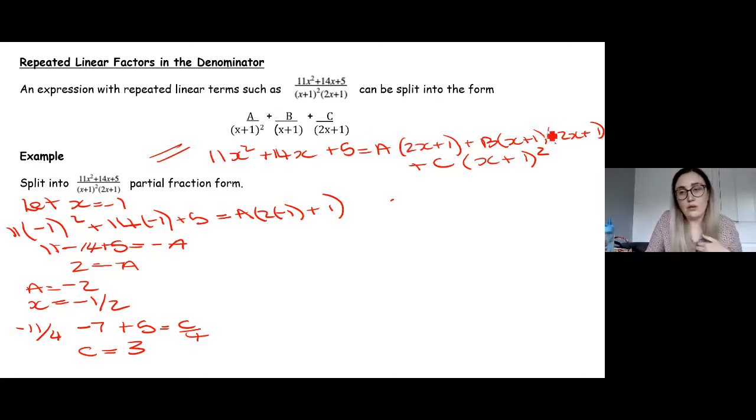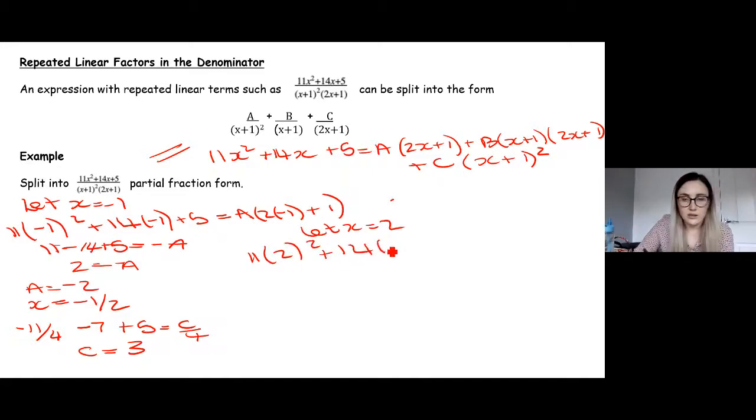So to be able to solve for b, we are going to need to choose a random value of x. So I'm going to say let x equal 2, right? So we're going to do 11 times 2 squared plus 14 times 2 plus 5. It's going to equal, well, I now know a is 2.